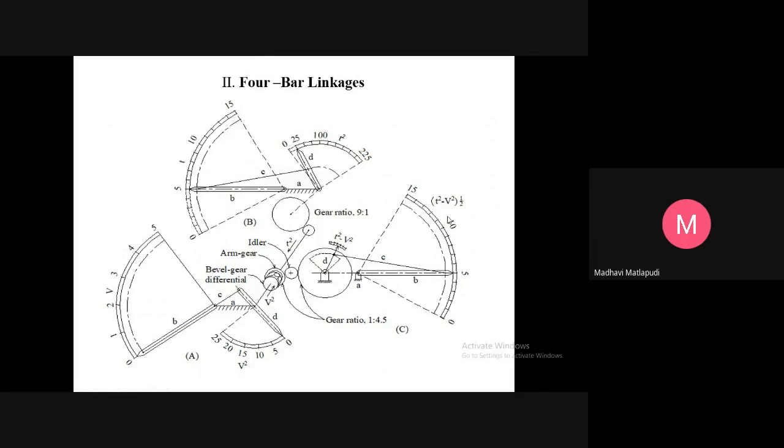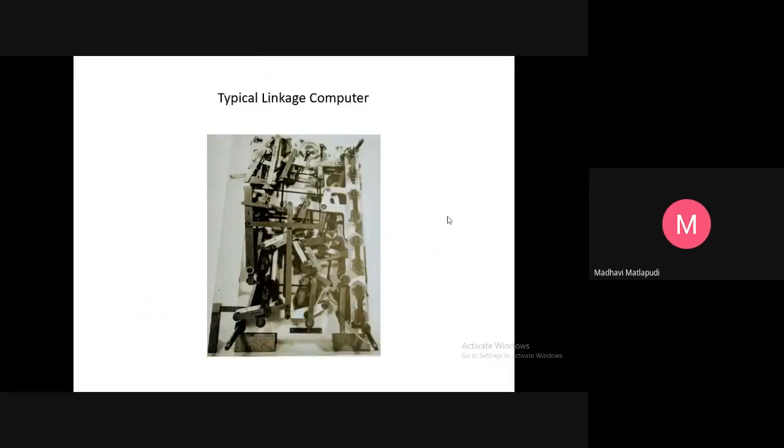So this is how a mathematical expression of W equals square root of T square minus V square can be converted into the form of a mechanism. Look at this.